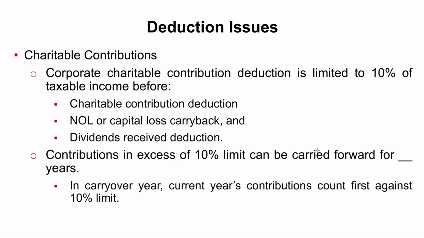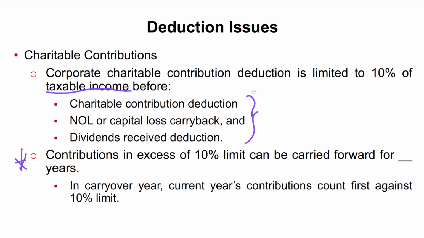Another thing, I mentioned taxable income limits. Charitable contributions have their own specific taxable income limits, which are taken into account before these three things. Here's a big thing to note, and I definitely want to emphasize this. There are lots of limitations when it comes to charitable contributions.